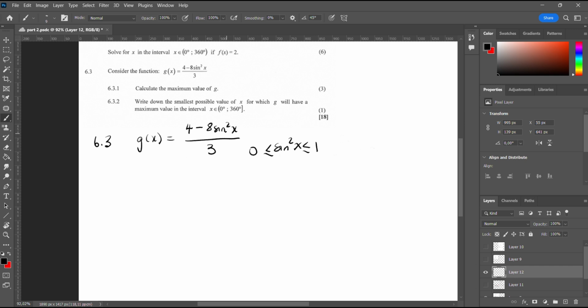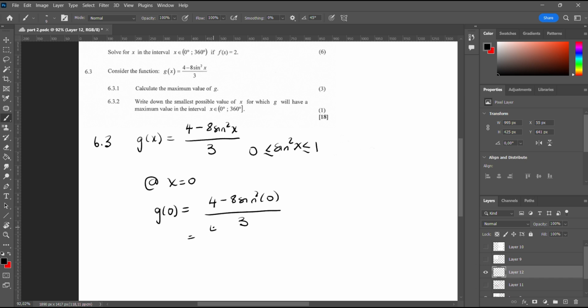So we know that sine peaks at 90 degrees, and we also know that sine is the lowest at 0 degrees. So at x equals 0, g(0) equals 4 minus 8 sine squared of 0, over 3.